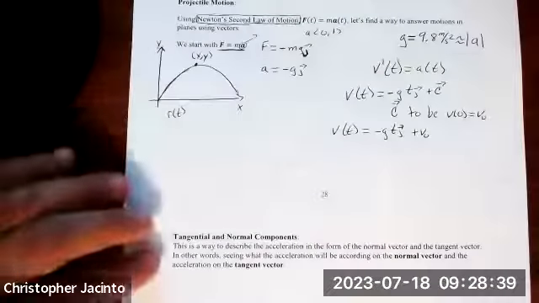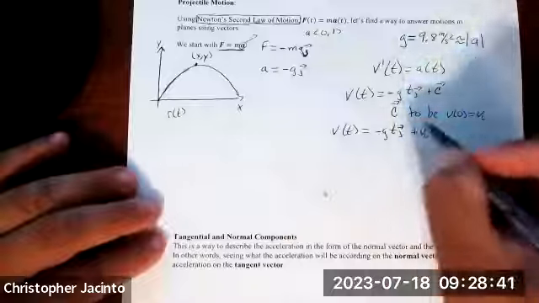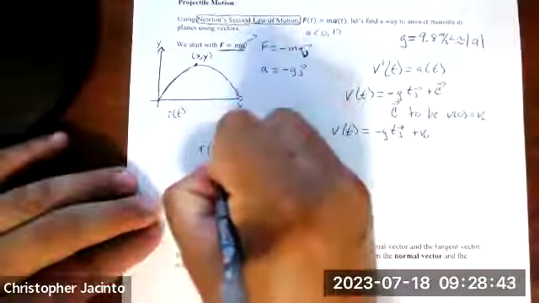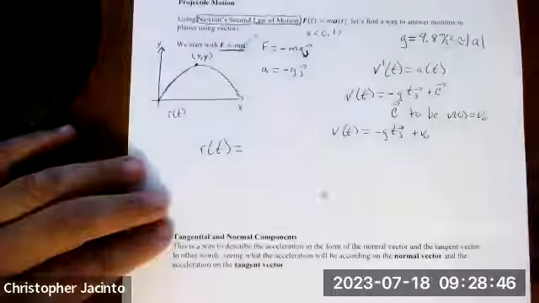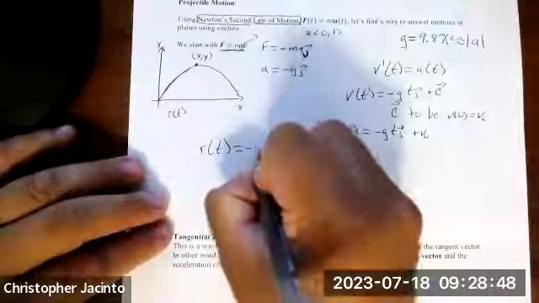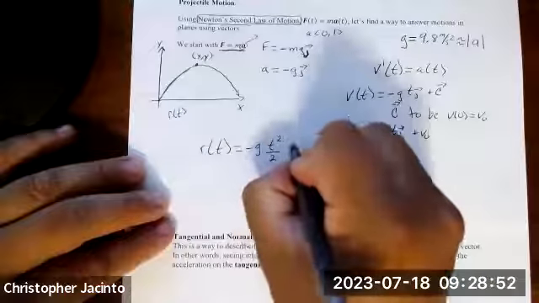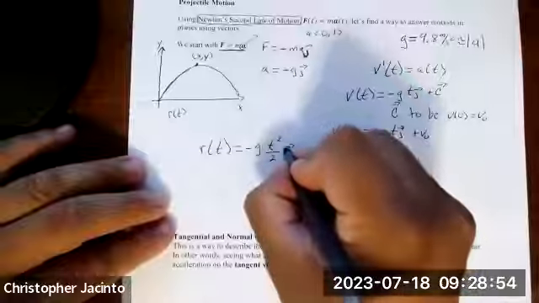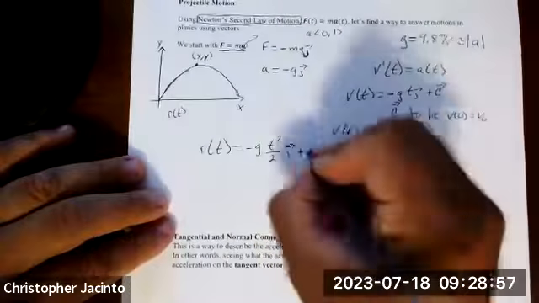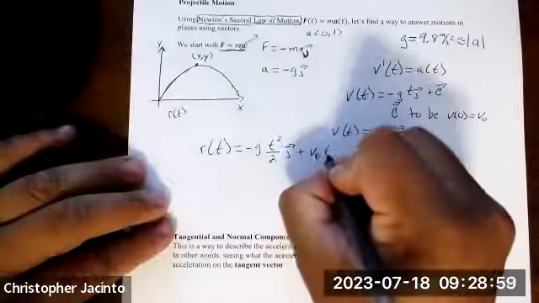Now we want our position vector, so take the integral one more time. So this is going to be minus g t squared over 2 in the j component, plus, well, this is going to be our initial velocity times t, right?